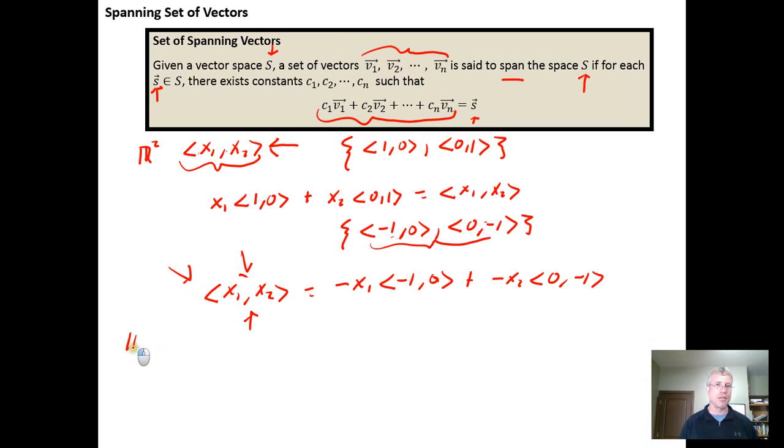In R3, an arbitrary vector would look like a, b, c, or x sub 1, x sub 2, x sub 3, where x sub 1, x sub 2, x sub 3 are just real numbers.